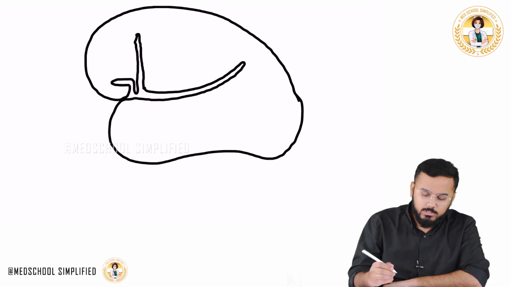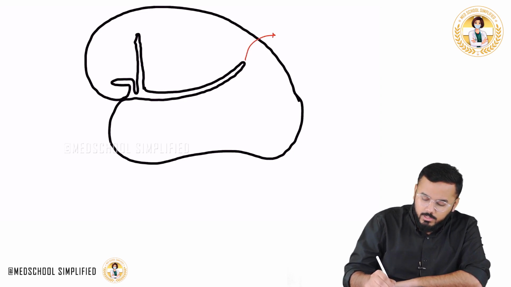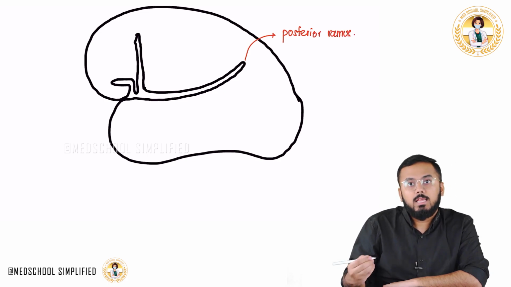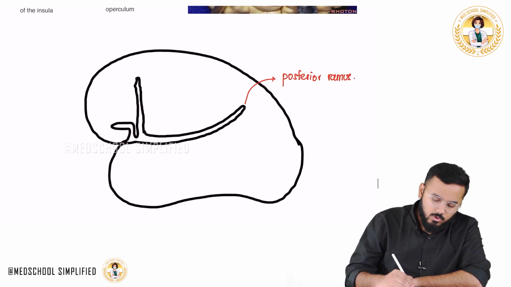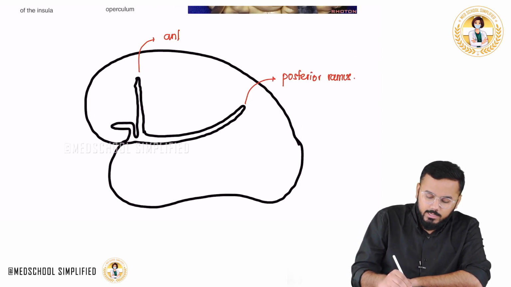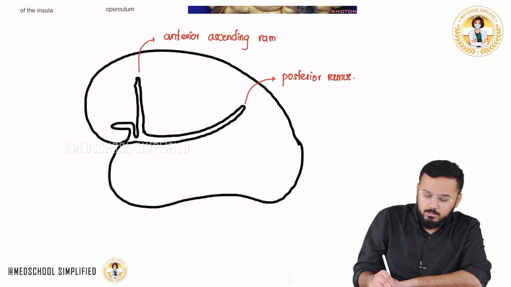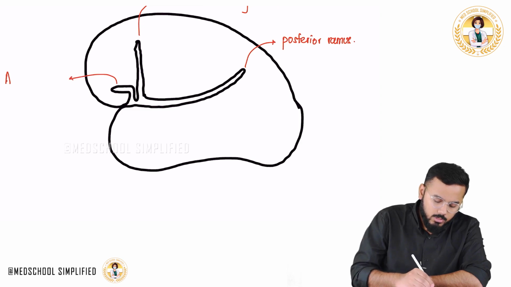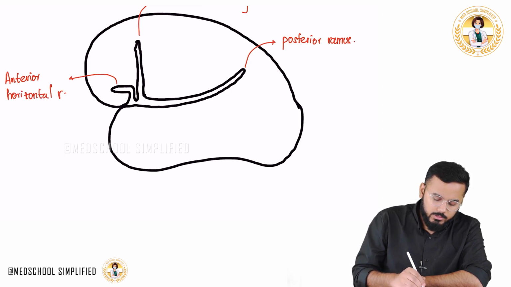Let us write down these names. This one over here is your posterior ramus, the posterior ramus of which sulcus? The lateral sulcus. This one is the anterior ascending ramus. Next we have the horizontal one also, called the anterior horizontal ramus.